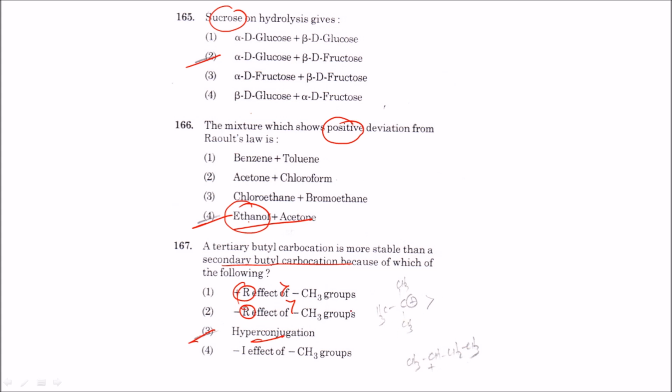In tertiary butyl, we have 3 methyl groups, and we get a total of 9 hyperconjugated structures. Whereas in secondary butyl, we have 3 here and 2 here, so a total of 5 hyperconjugated forms are possible. We already know that the greater the number of hyperconjugative forms, the greater the stability. So the right answer is option 3, hyperconjugation.